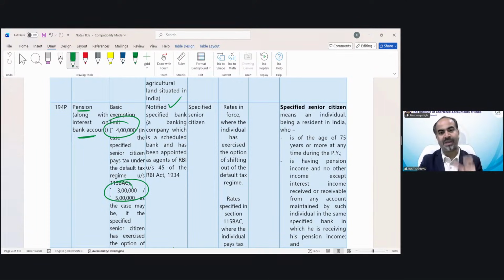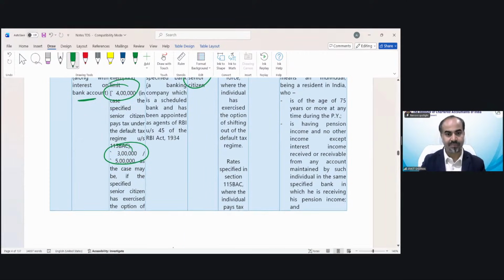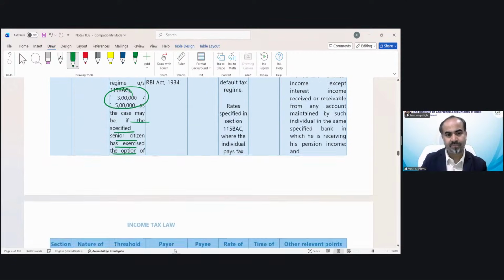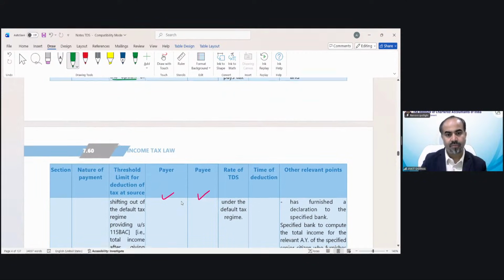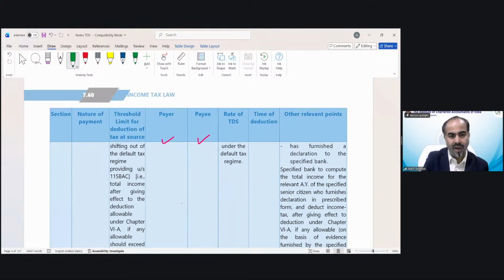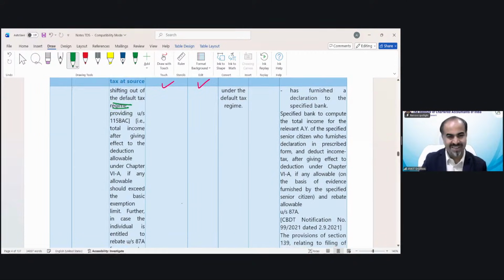So the payer would be that bank. The person would be a specified senior citizen. So it says if the specified senior citizen has exercised the option of, after deduction under the default tax regime, under the optional regime, you will see the simple language.